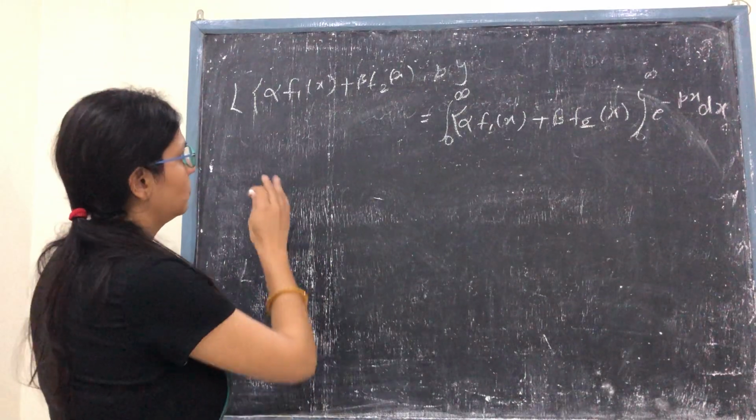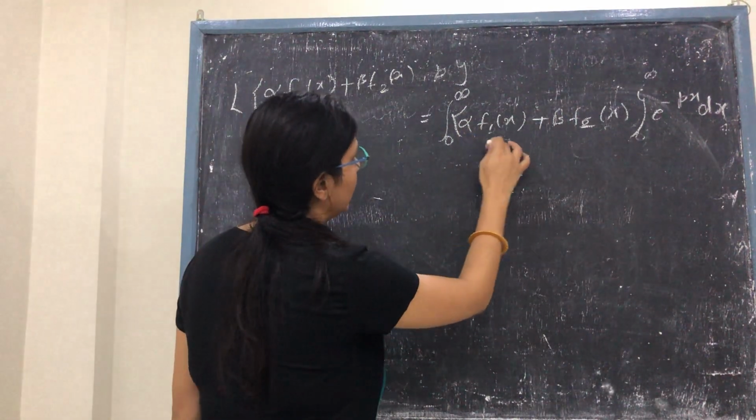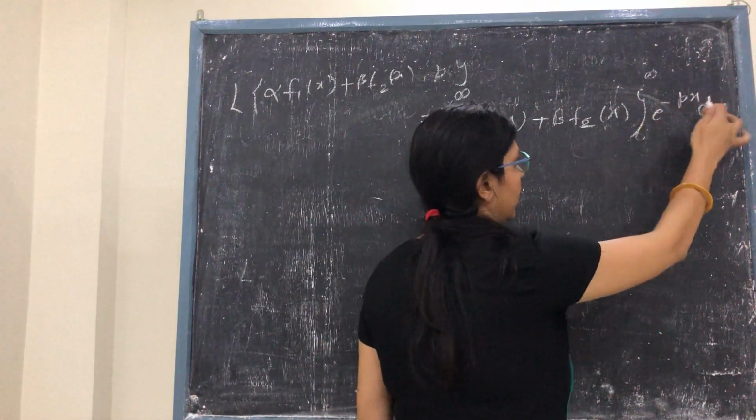We know the Laplace transformation of f of x is defined as integral from 0 to infinity of f of x times the kernel e raised to the power minus px dx.